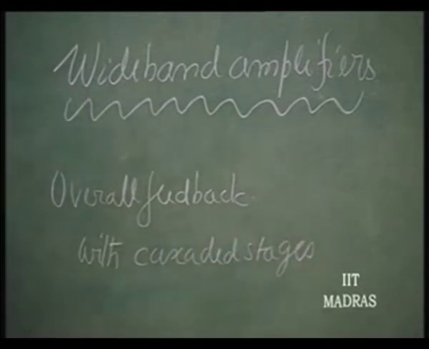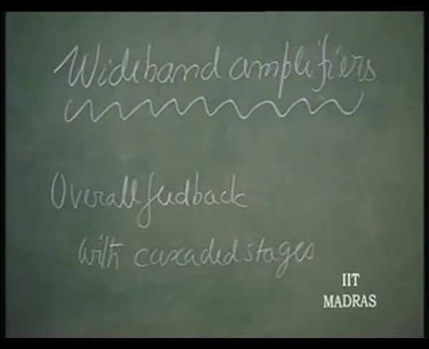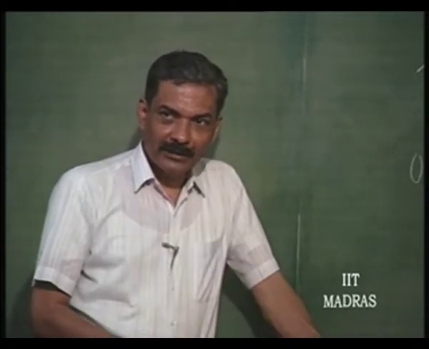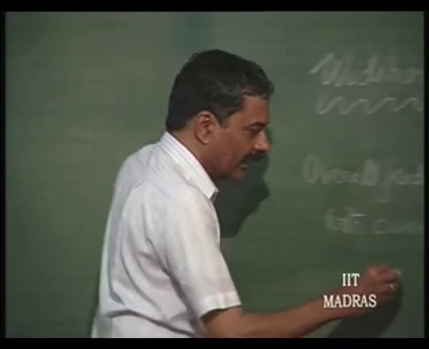That is, you cascade a number of stages so that the loop gain becomes very high, DC loop gain becomes very high and then give overall feedback, then it desensitizes the gain.